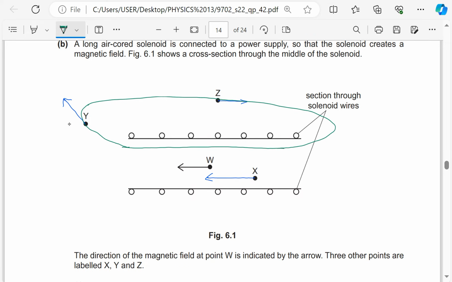So at X it is horizontal, at Z it is horizontal to the right, and at Y it is a tangent at approximately 45 degrees. So that will be the diagram we are looking for here.